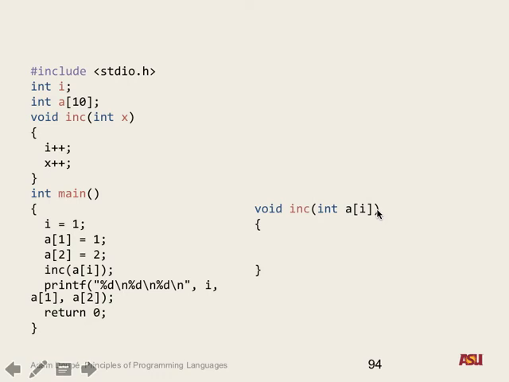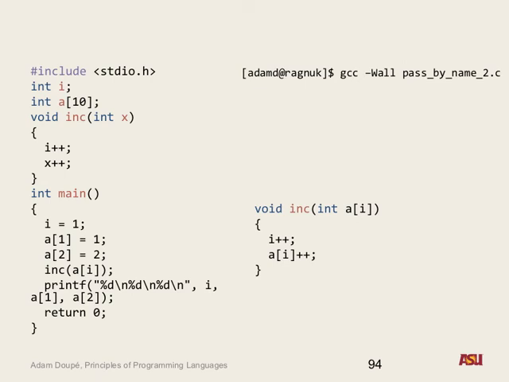It passes in A[I], so A[I] is not evaluated at function invocation time. A[I] happens wherever X appears, and every place X appears, A bracket I occurs. So essentially this copy of this function is going to do I++, and then it's going to do A[I]++. Weird. And you see that just by switching the order of these two, it's going to do something different.